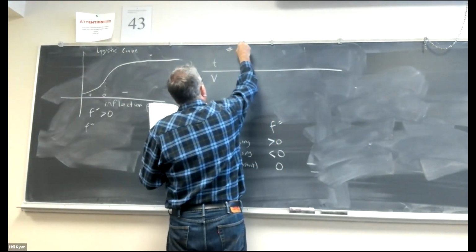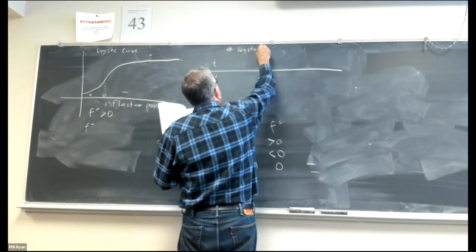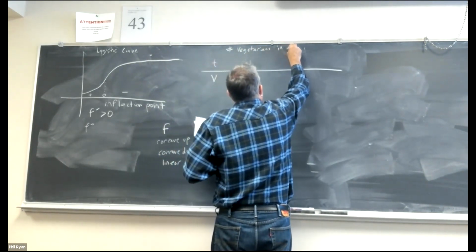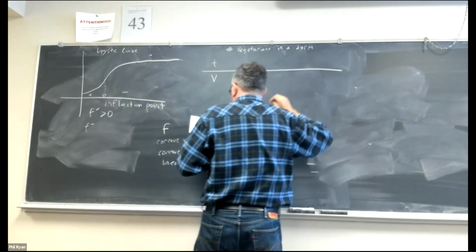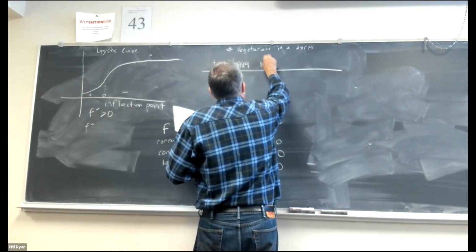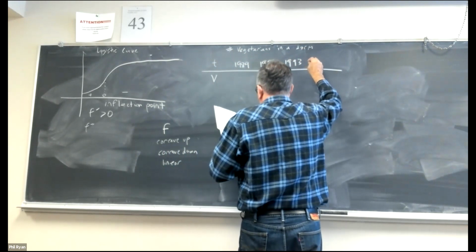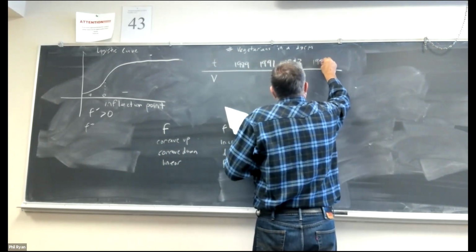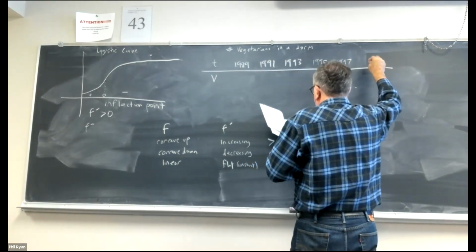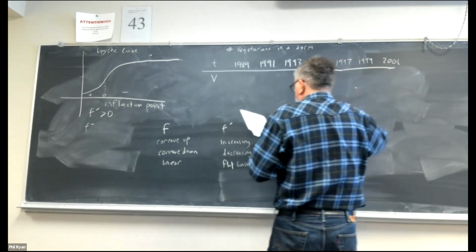This is the number of vegetarians in a dorm. We go to 1989, sorry for the whole data, 1991, 1993, 1995, 7, 9, 2001.